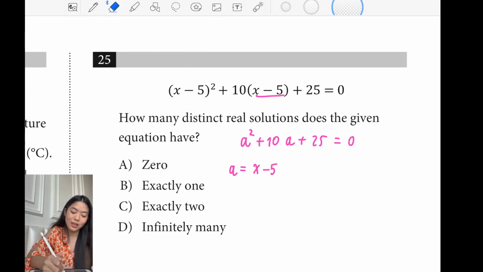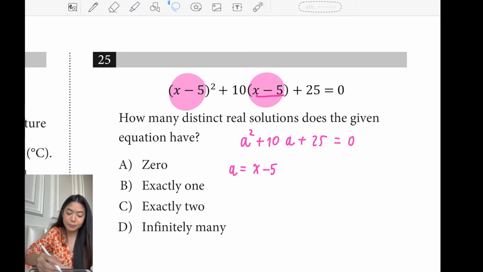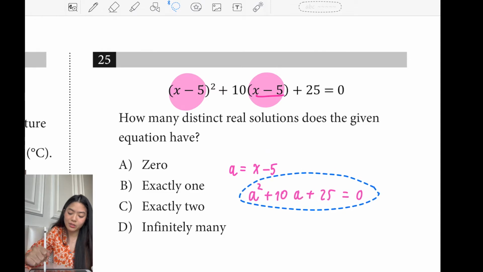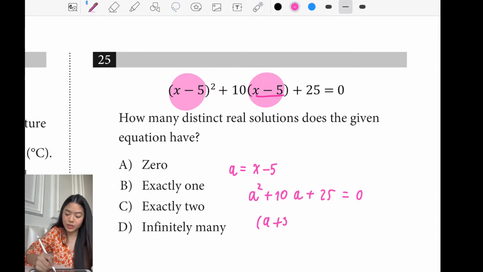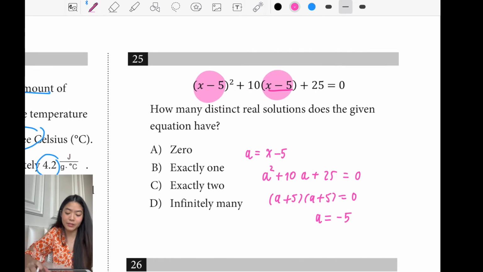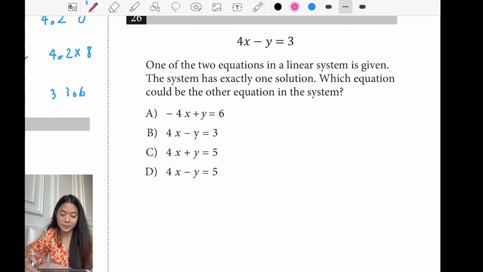Therefore, using a here, a squared and then 10a, we're going to solve this by factorizing. Then the answer will be negative 5. And yes, we have x minus 5 equal to negative 5. Then if you solve for x, there is exactly one solution.